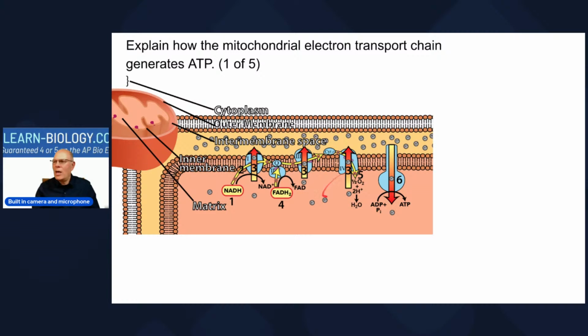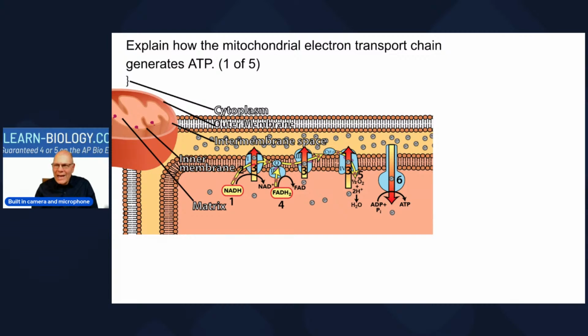So let's get the geography set here. This is a very enlarged view of the mitochondria. And here's the outer membrane. Outside of that would be the cytoplasm. Here's the intermembrane space. It's the space between the outer membrane and the inner membrane, hence intermembrane space.